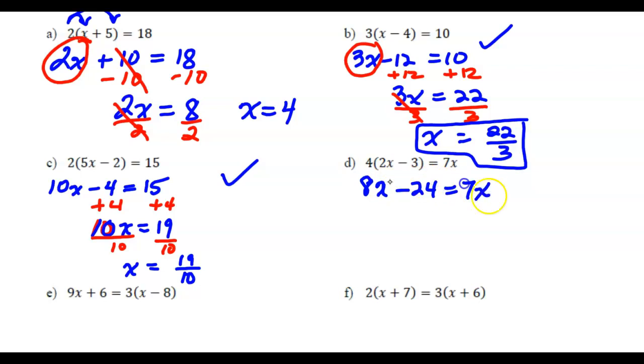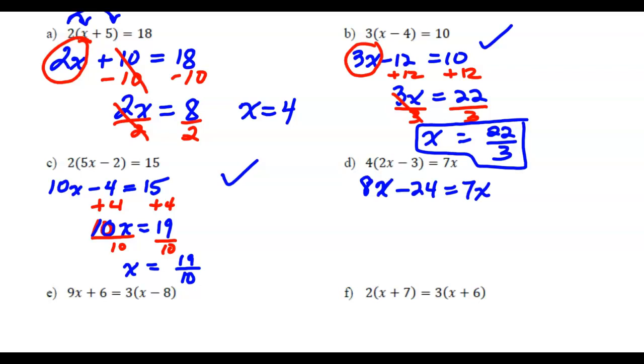Oh, sorry, there we go. 8x minus 24 equals 7x. Now, two terms with x's in it on either side. So I always start with getting those together. And yeah, 7 is smaller than 8, but if I bring the 7x to the left, then the right side is 0.